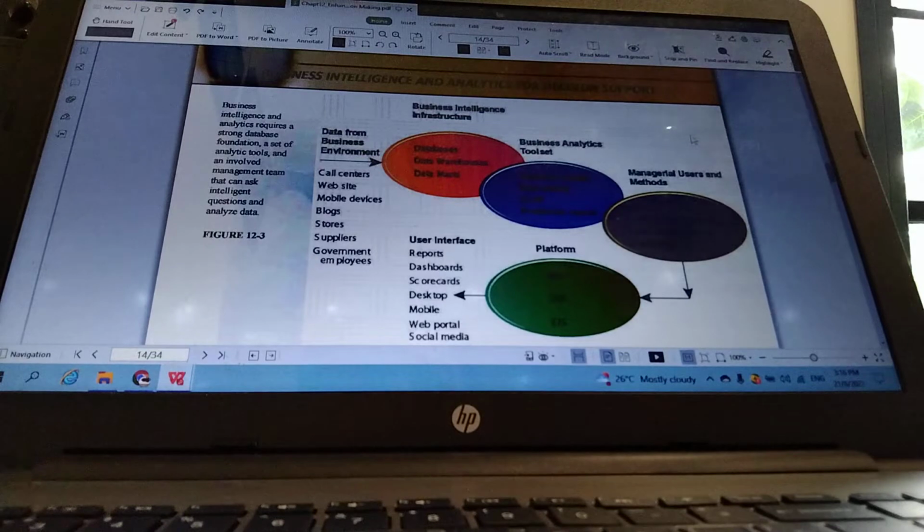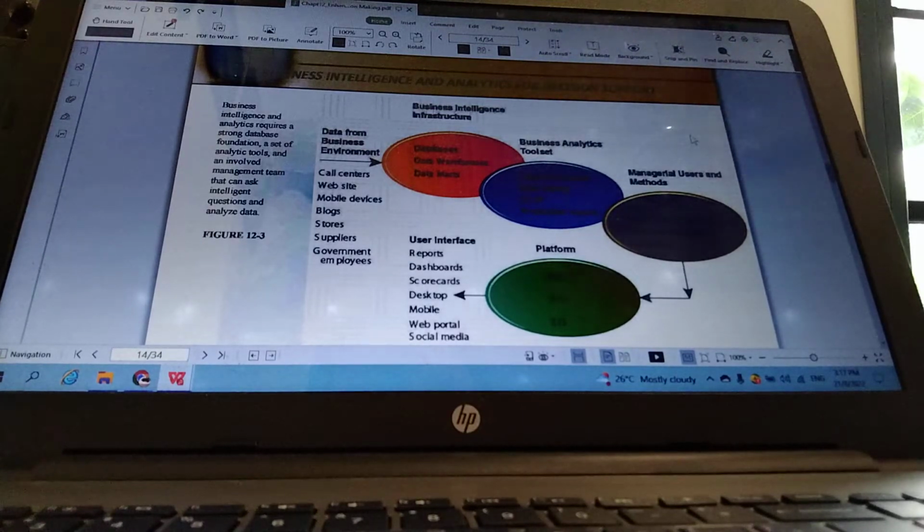So it is quite clearly explained here how these business intelligence and business analytics are being used by the users in order to assist them in making decisions, and also some examples of platforms where they make use of BI and BA are given.